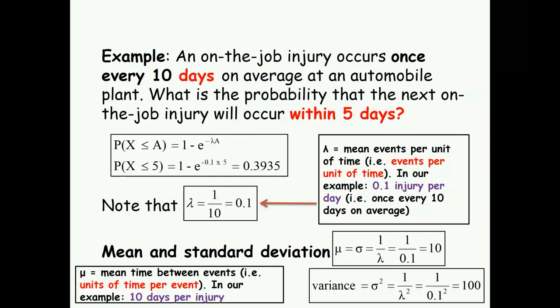An on-the-job injury occurs once every 10 days. So we know already what lambda is. And keep in mind, the question is about days, so our lambda always should be about days.